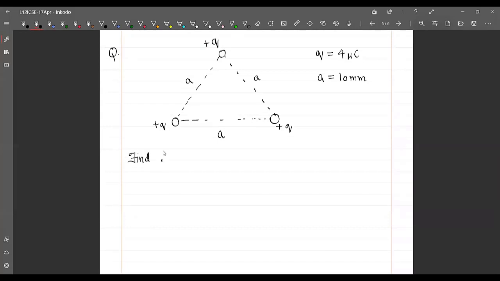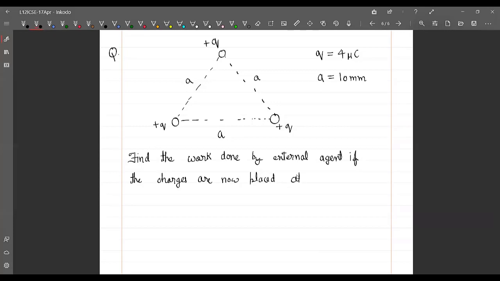Then what you want to do is find the work done by an external agent if the charges are now placed at 20 millimeter distance from each other.